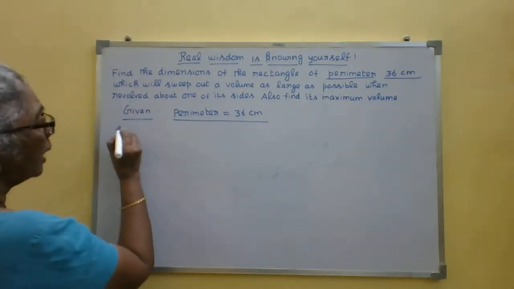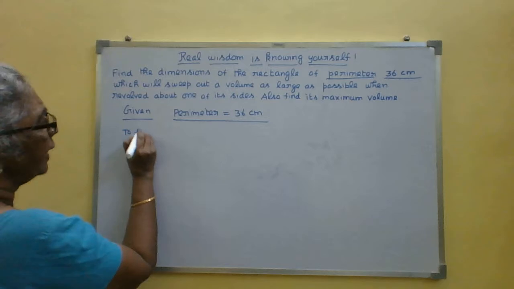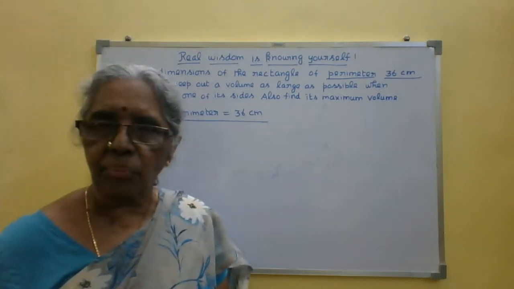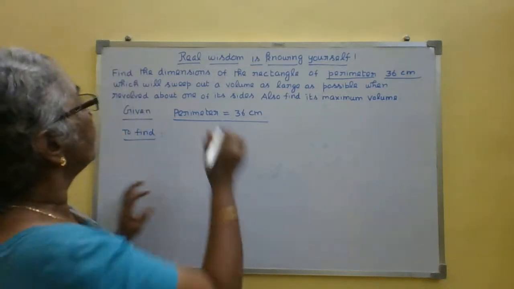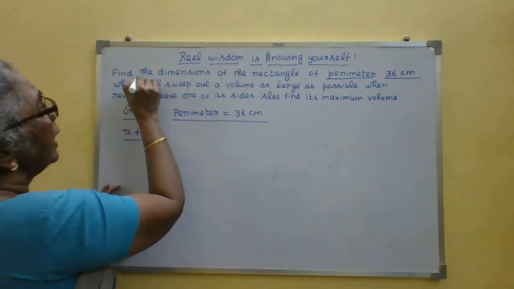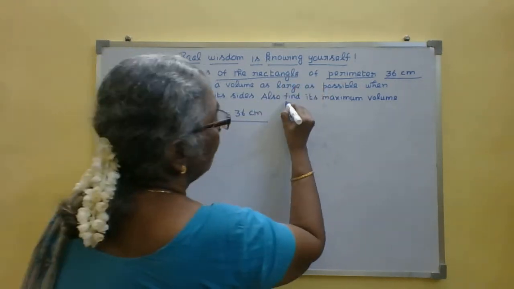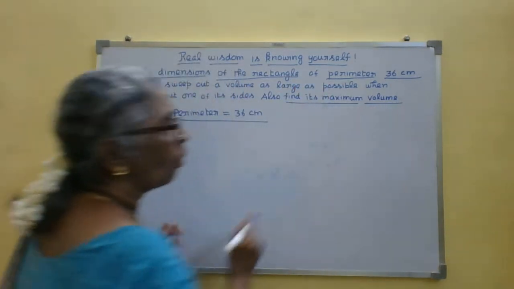Then now here we have to find. Sometimes we will prove something, sometimes we will find something. Here two things we are going to find. One is the dimensions of the rectangle. The second one is its maximum volume. Okay.